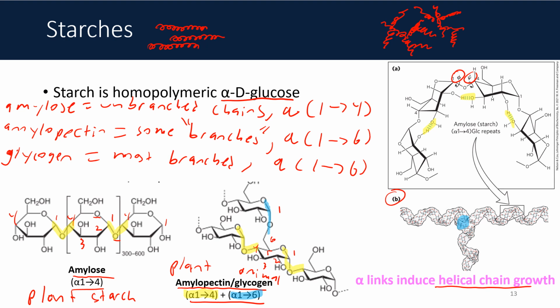And amylopectin is sort of the Goldilocks scenario, where the moderate amount of branching generates an intermediate density.